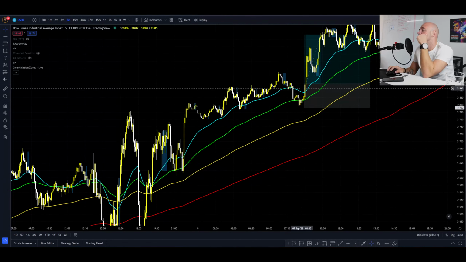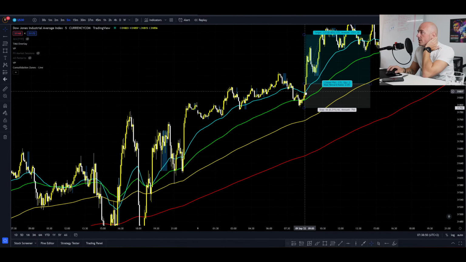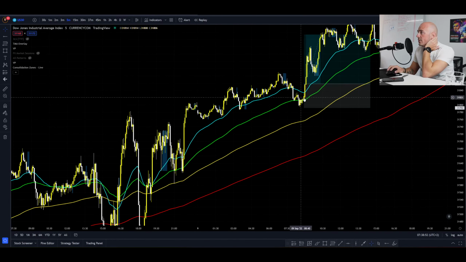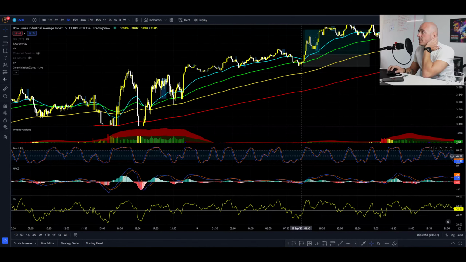But your first confluence that it's a good trade is that all the moving averages are lined up. It's a trend continuation, and these big candles show momentum versus these small candles. Then you look at your, let's make a vertical line so it's easier for everyone to see.